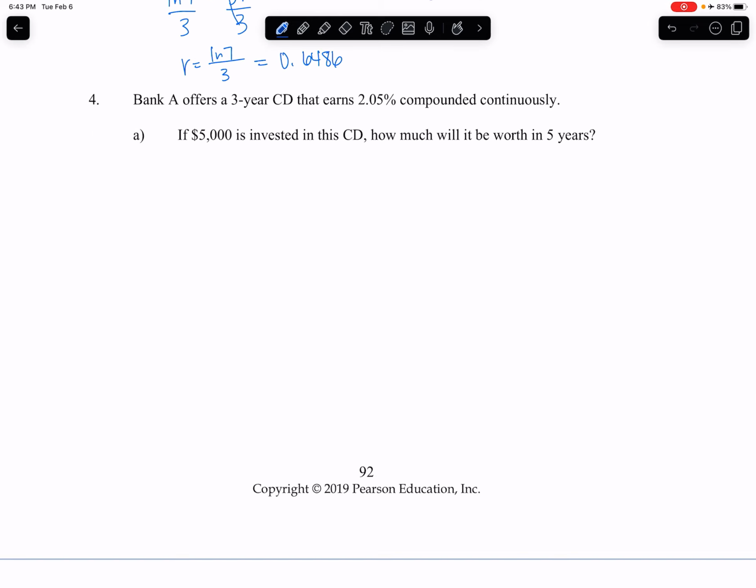Bank A offers a 3-year CD that earns 2.05% compounded continuously. If $5,000 is invested in the CD, how much will it be worth in 3 years? Oh, there goes a typo. Since it's compounded continuously, we are using the PERT formula.